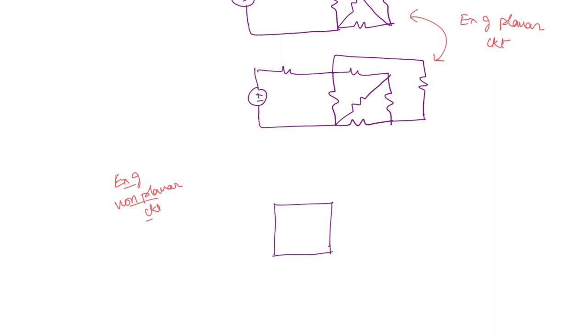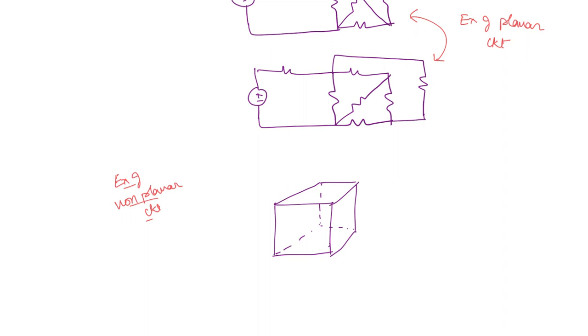If you take a cube as an example, I'm just drawing it without the circuit elements, but you can consider that each of the lines here represents some circuit element. It might be a voltage source, a current source, a resistor, a capacitor, anything.